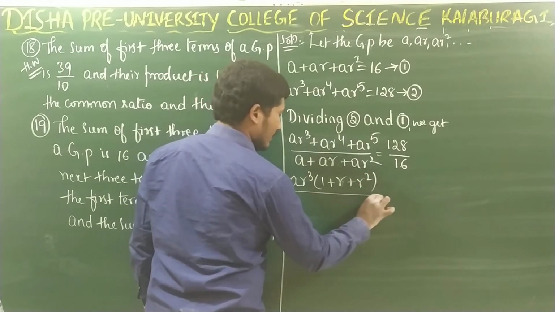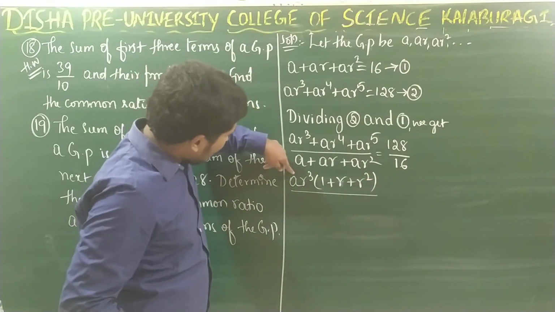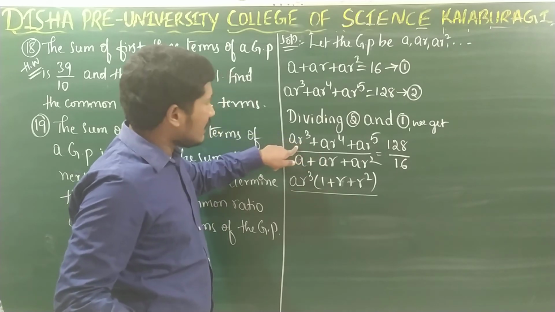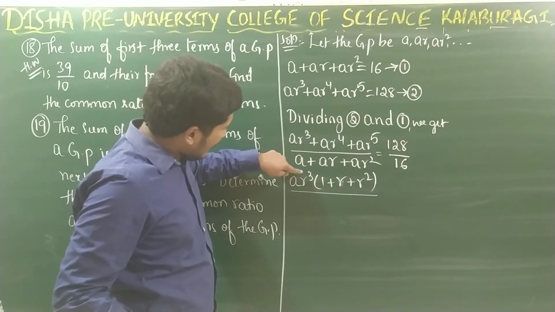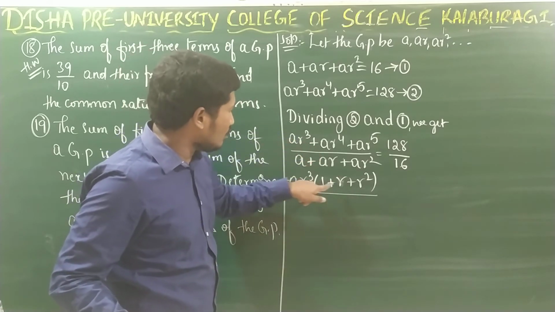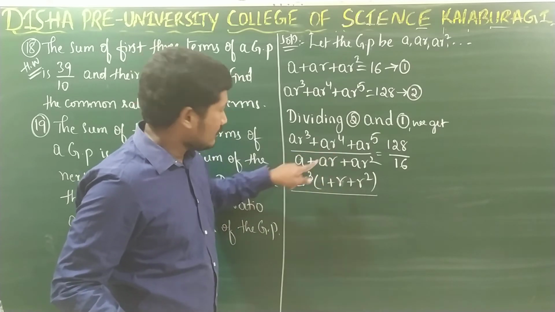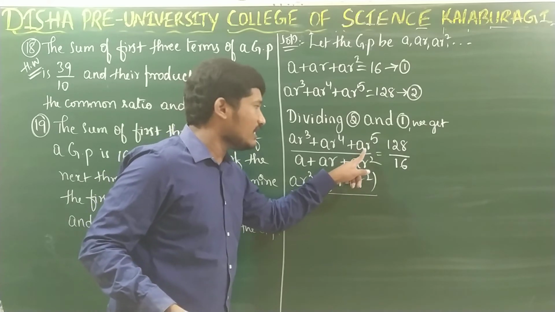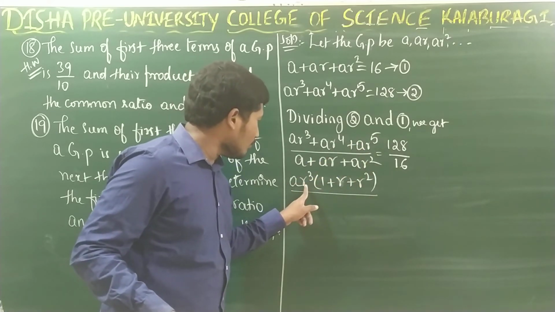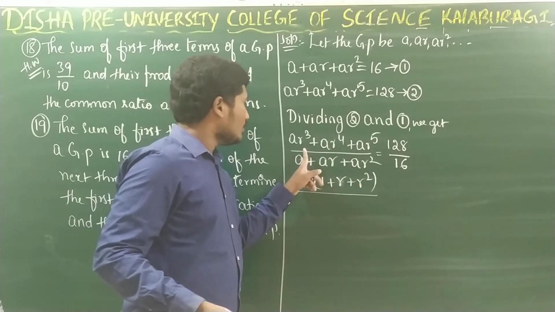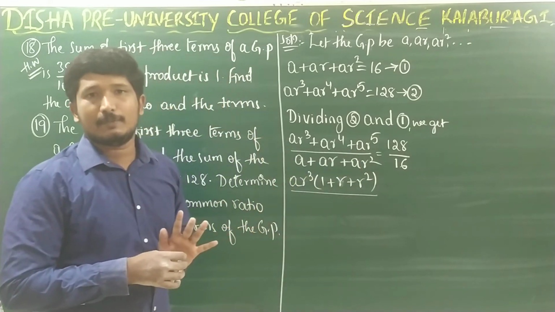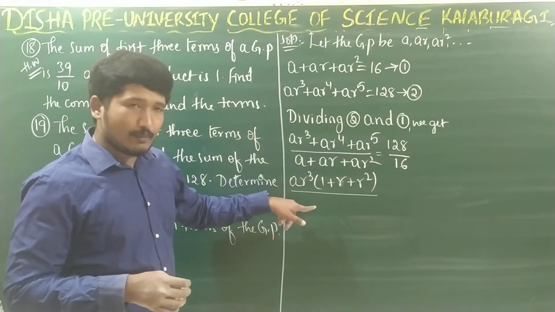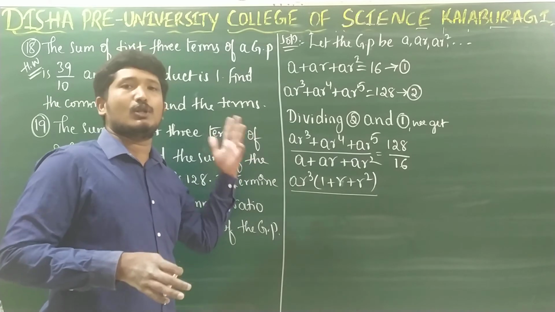Whole divided by: A into R cube into 1 is AR cube, A into R cube into R is R power 4, and A into R cube into R square is AR power 5. So when you multiply inside the bracket, you get the same terms as in the numerator. So you will know why I have taken R cube also as common.